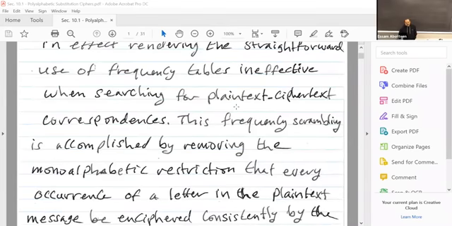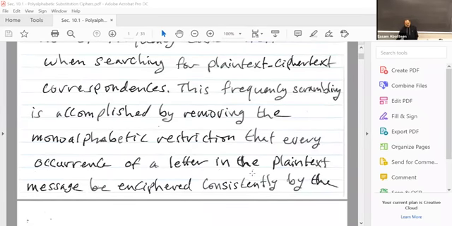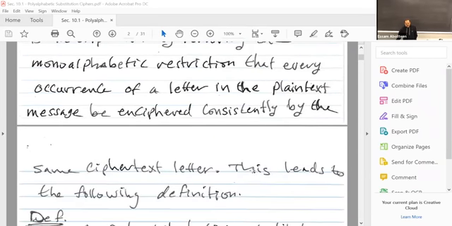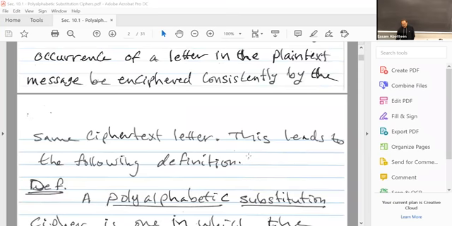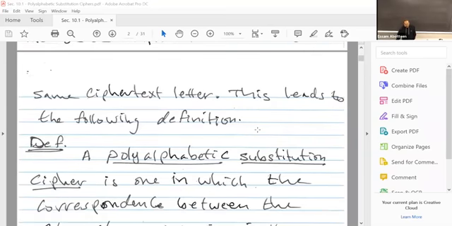Now, this frequency scrambling is accomplished by, again, removing this component, which we call the mono-alphabetic restriction, that every occurrence of a letter in the plain text message be encrypted constantly by the same cipher text letter. This leads us to the following type of substitution ciphers called polyalphabetic substitution ciphers.